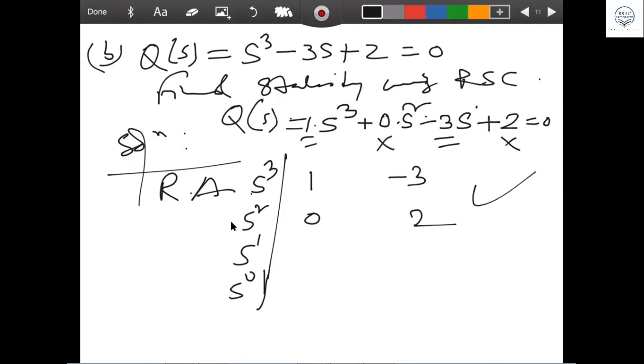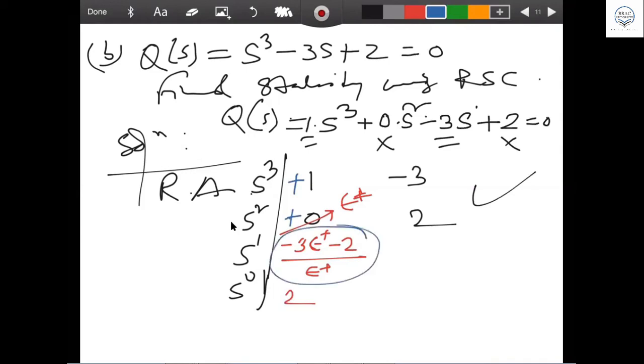Okay, now what is the next one? Now look at it. If the 0 is present in the first column, you have to consider this as epsilon plus. Let it be epsilon plus. And what will be the next step? Minus 3 epsilon plus minus 2, divided by epsilon plus, and then it will be 2. Now, this is plus, and epsilon plus is also plus. But what is this?